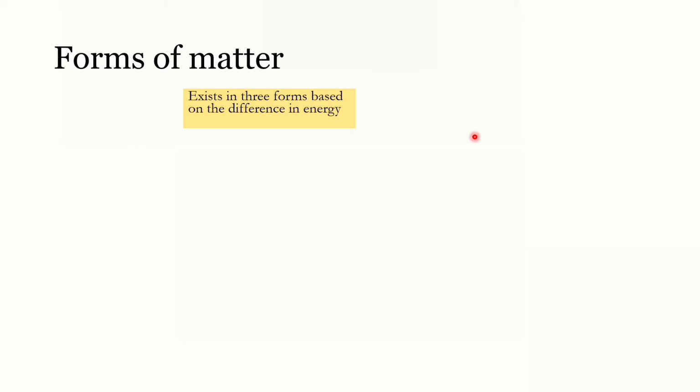Before going into dental materials as such, let's talk a little bit about matter and bonds. Now, anything around you is made up of matter. Even the smallest speck in the universe is made up of matter. So, there are three forms of matter, mainly gas, liquid and solid, based on the difference in the energy.